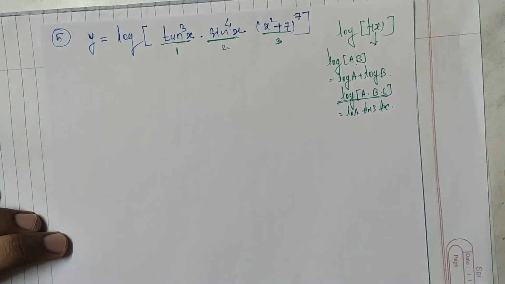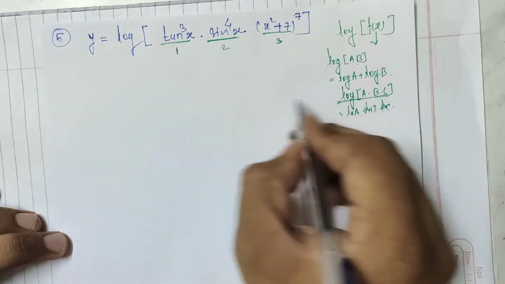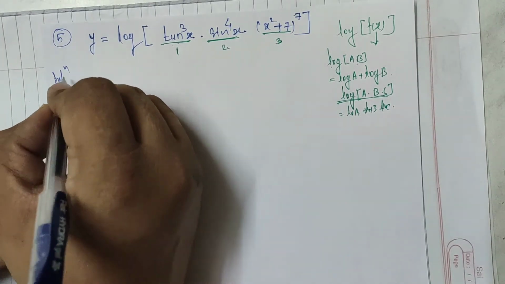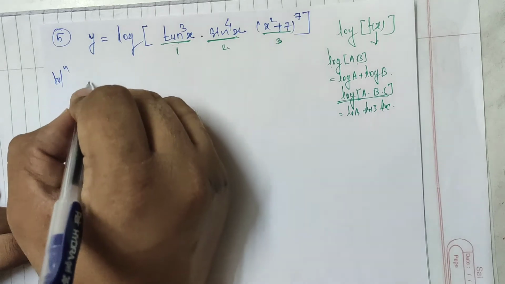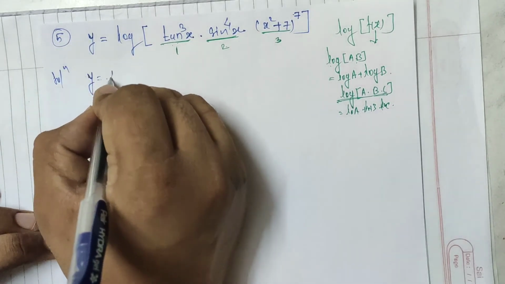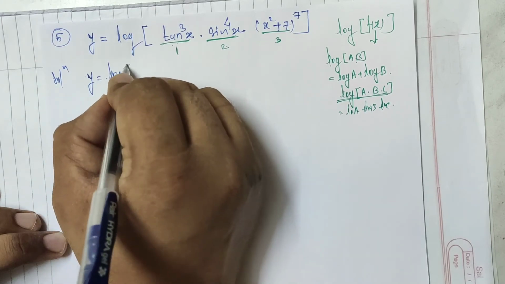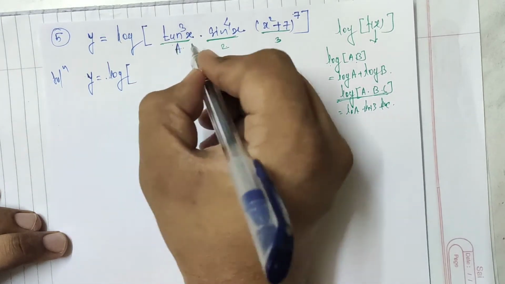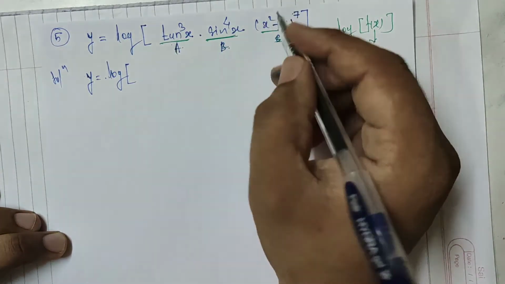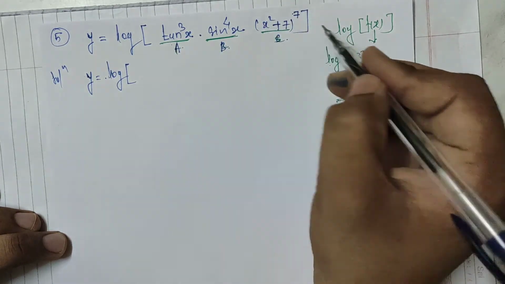Therefore in this example we first solve as per the log rule. Solution. Okay, directly start the solution. Y is equal to log of ABC. Here A means tan cube x, B means sin raised to 4x, C means x square plus 7 bracket raised to 7.